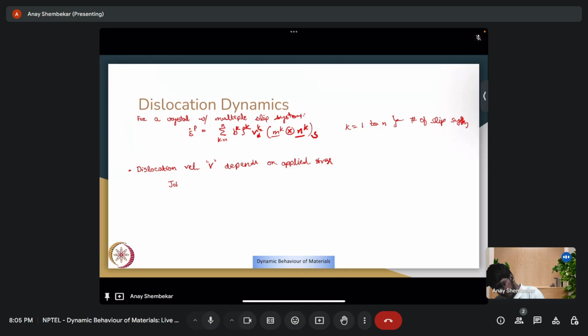One of the first was the Johnston-Gilman formulation. Dislocation velocity is proportional to sigma, the applied stress, raised to m, times exponent of minus E by kT. So there is a term for the applied stress, some factors involving the energy of activation, and the temperature.